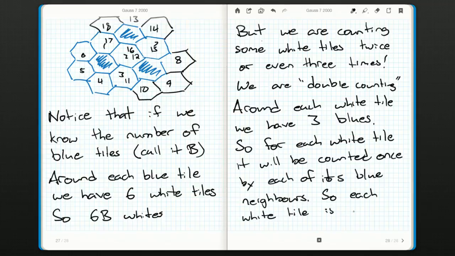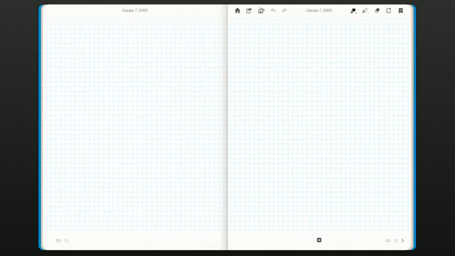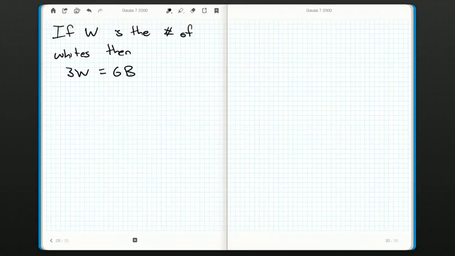So each white tile is counted 3 times. So if W is the number of white tiles, then each W is counted 3 times. So 3W is the same as 6B.